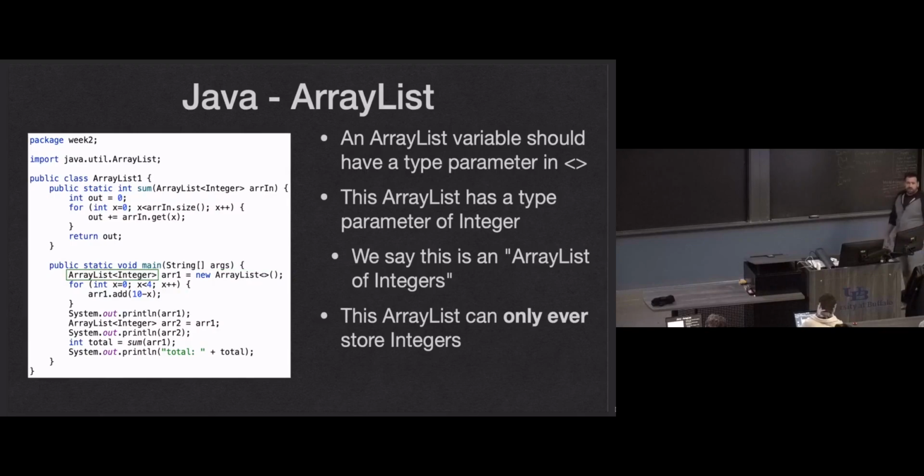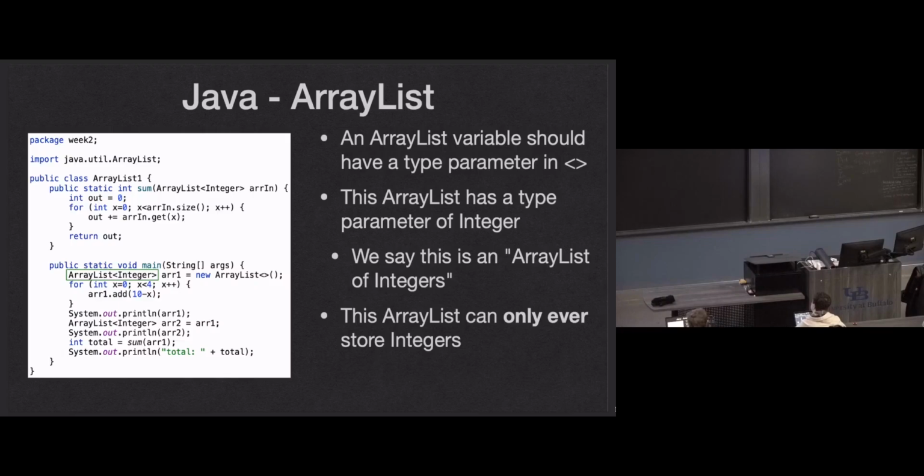When we declare a variable, we always have to have the type of our variable. So we need a variable of type ArrayList. But if we just did ArrayList r1, technically that would work, but it's not what we want to do. When we create a data structure, when we create an ArrayList, we need to specify the type that's going to be stored in that ArrayList.